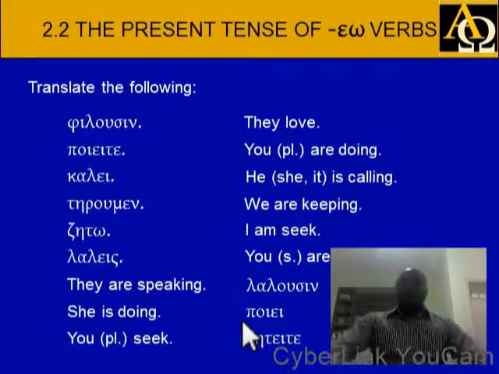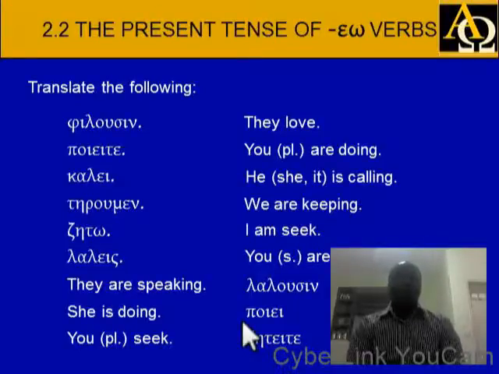So philousin, what is the meaning of philousin? Well, the word phileo means I love. The ending is a third person plural ending, so it's they love. Poieite is the second person plural, so it's you are doing. It comes from poieo. Kalei, he or she is calling. Teroumen, we are keeping. Zeto, I seek, or I am seeking.